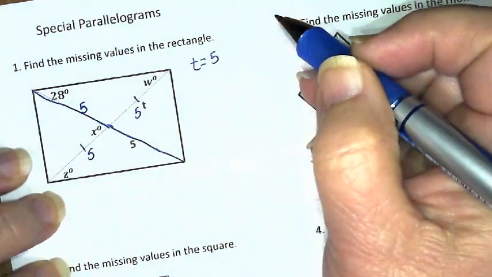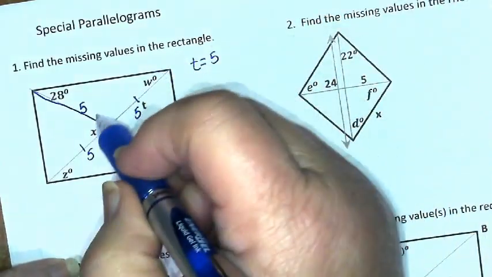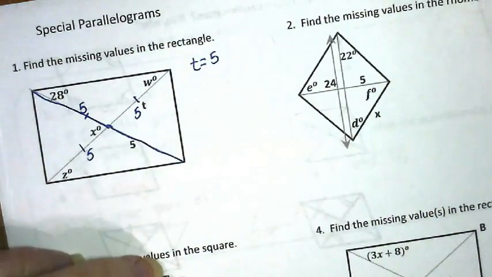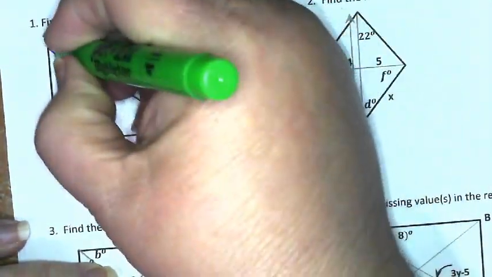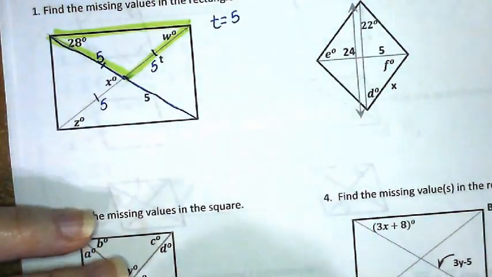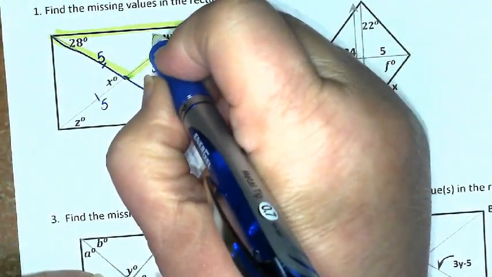T equals 5. Let's find some angle measures now. Since these 2 diagonal pieces are congruent, it creates a special triangle for us right here. Remember, if 2 sides are congruent, the base angles are congruent.